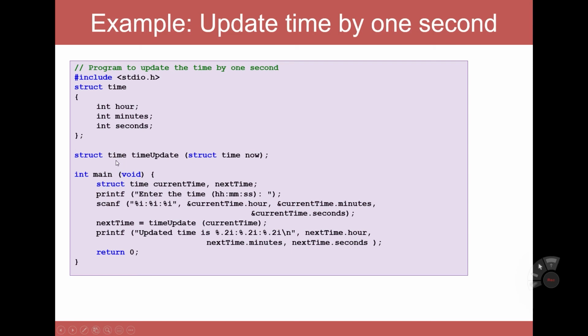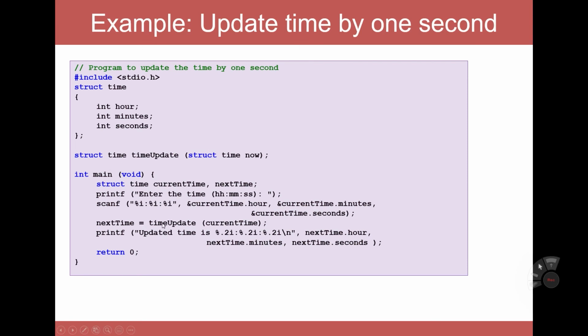I will give, for example, current time and next time, and I will ask the user to enter the current time. The user will insert hours first, then minutes, then seconds, and then I will give this to the time update function, and it will tell me what the next time will be. For example, the next time is 1 second more.